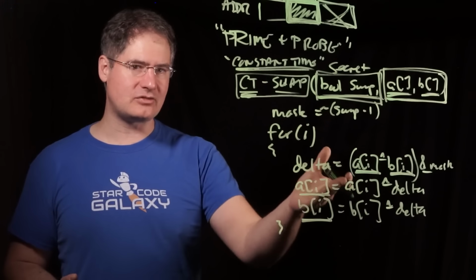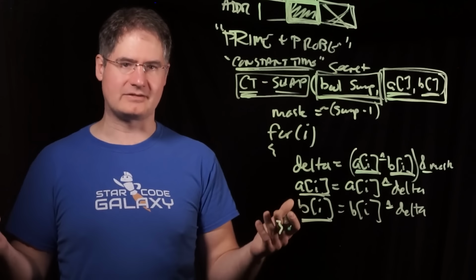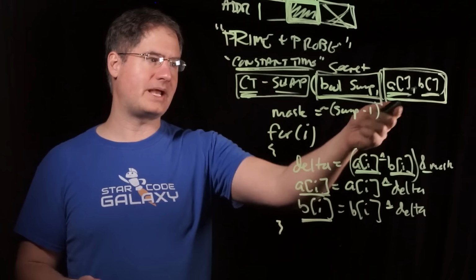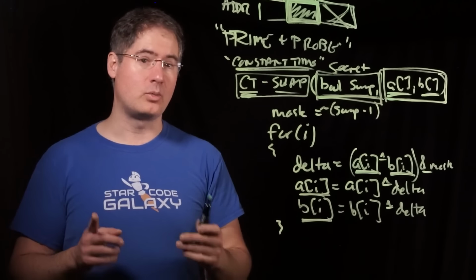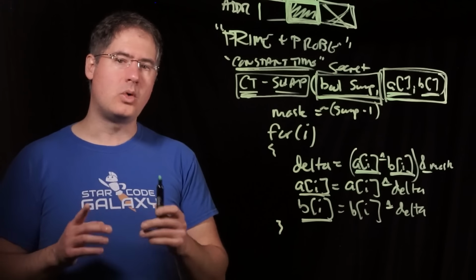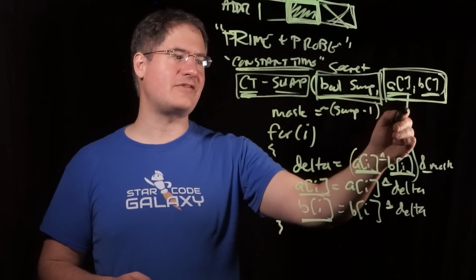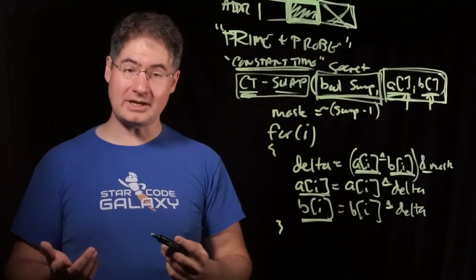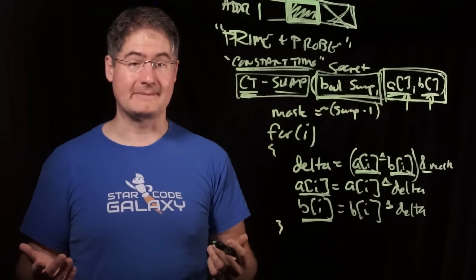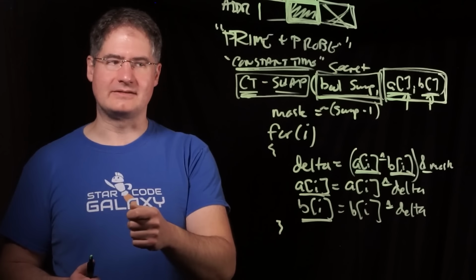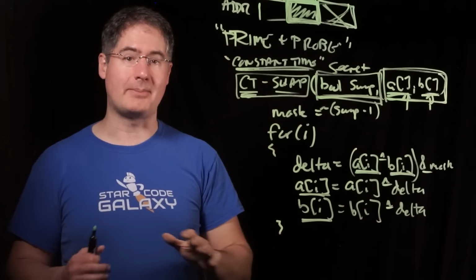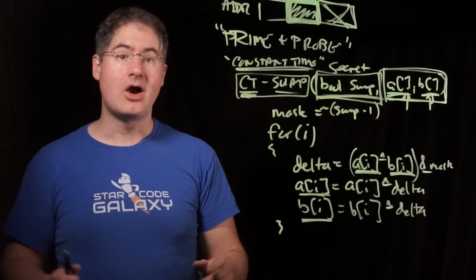You couldn't change the amount of time of anything in the system just by putting different data in here because it wouldn't matter at all. However, with the DMP, what would happen if you were to stuff something that looked like pointers into A and B? All of a sudden, secret memory accesses that the person who wrote CT swap never anticipated are now going to happen.